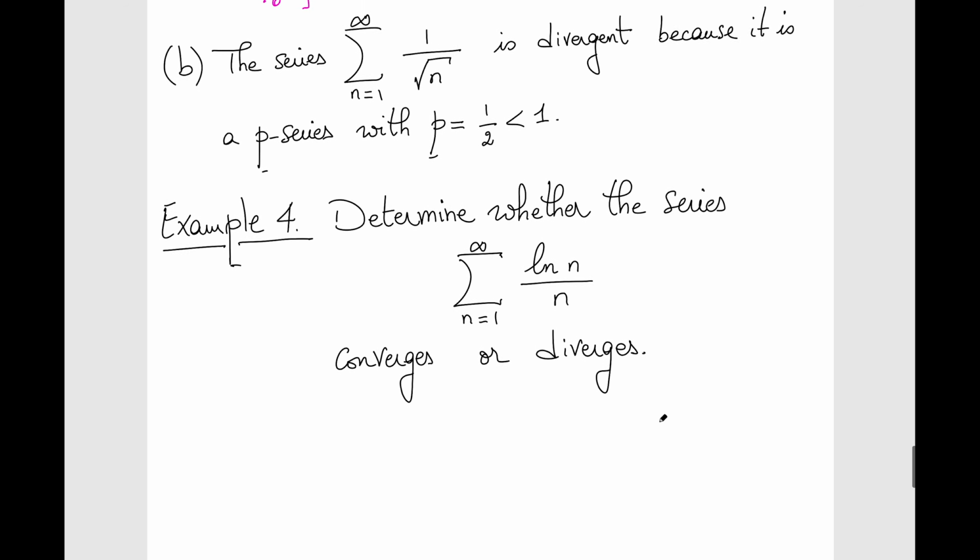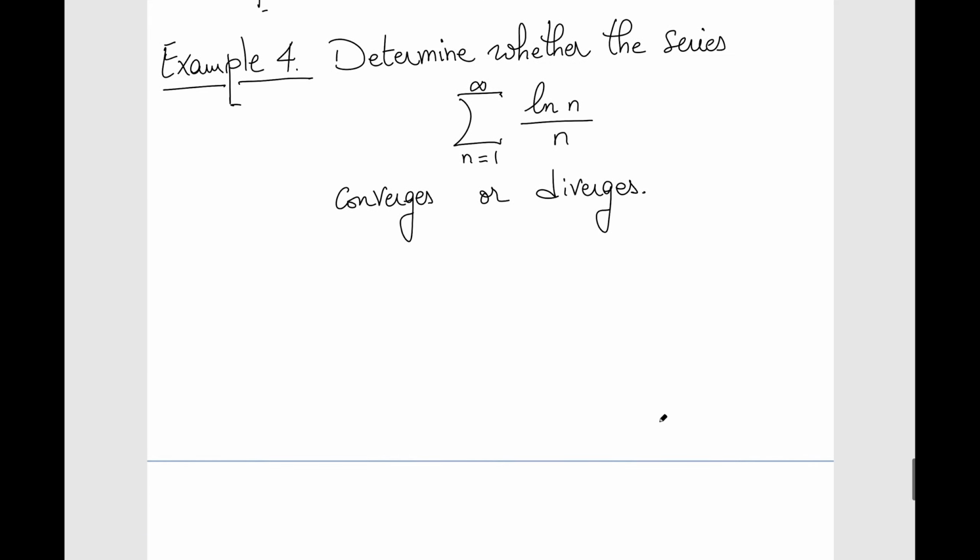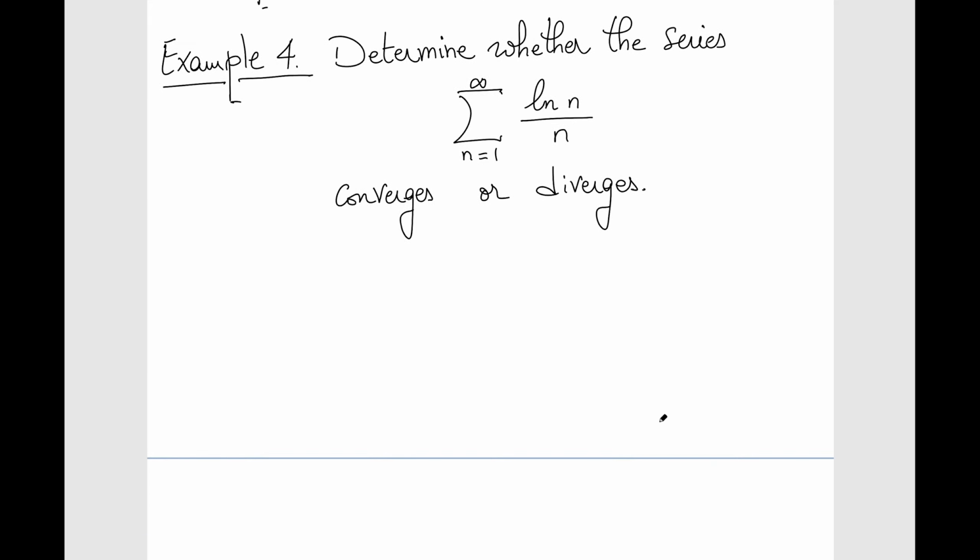All right, so the last example of this section is example 4. Determine whether the series whose terms are ln n divided by n converges or diverges. Well, to apply the integral test, we want to make sure that the function ln x over x is continuous, positive, and decreasing on 1 to infinity, or on some subinterval of 1 to infinity, right?